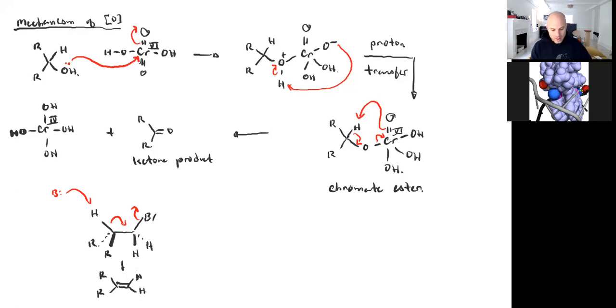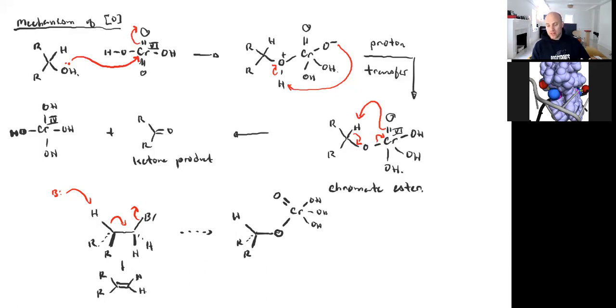If you imagine hypothetically replacing the carbon that bears the bromine with an oxygen and replace the bromine with the chromate, you have a structure like that, and it's the same type of elimination.